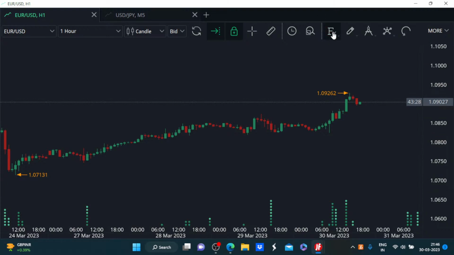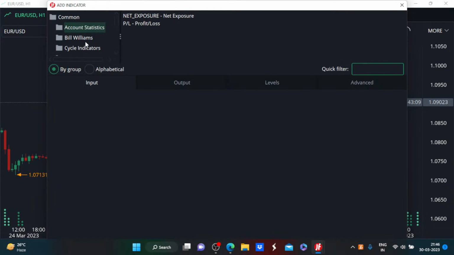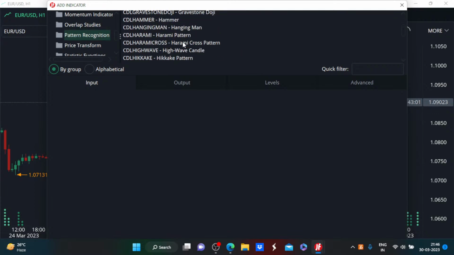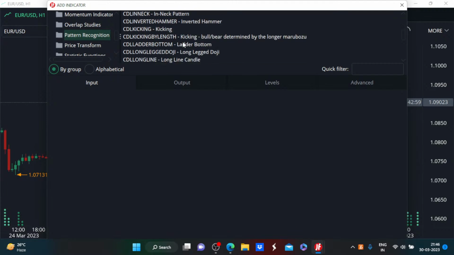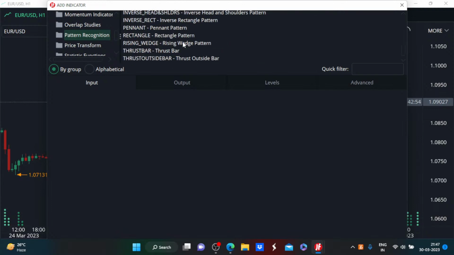For adding this formation, you can do a quick search or you can simply go to the add indicator option and see where it is listed. You go to this list of pattern recognition, and here you will find it on the lower side of this list.